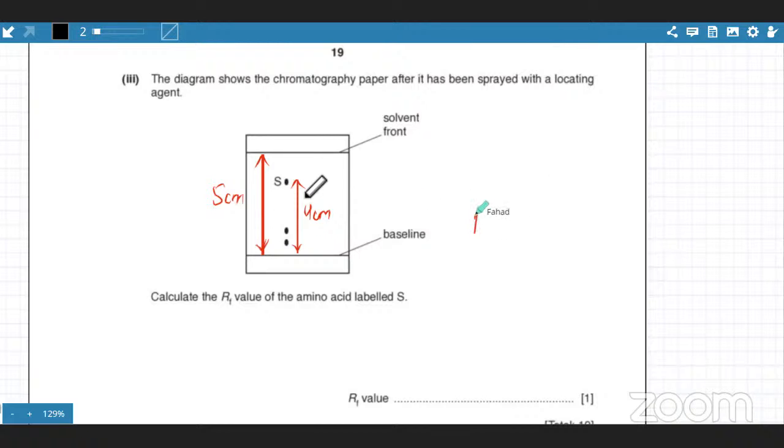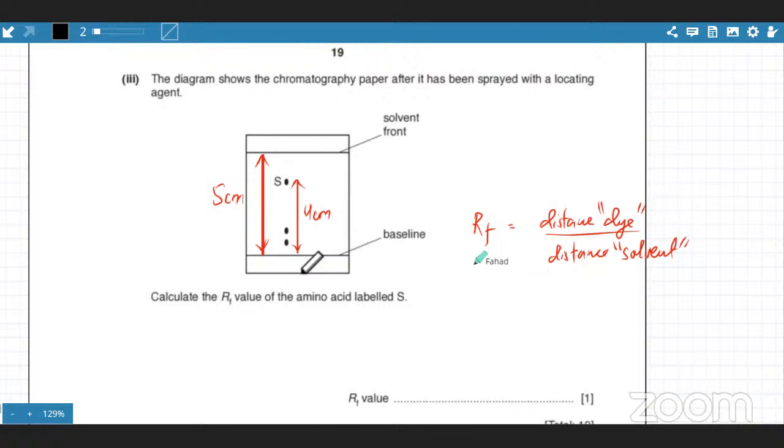So what's the RF value? RF value is the distance of the dye divided by the distance that has been traveled by the solvent. And starting from the pencil line, not from the solvent level. Remember, not from the bottom. It's always where you initially put the baseline, the place where you initially place these dyes.